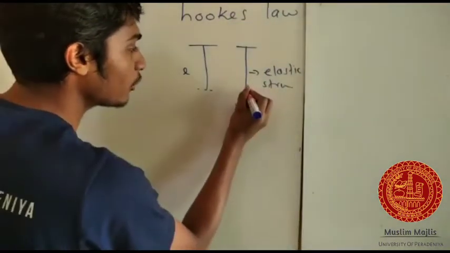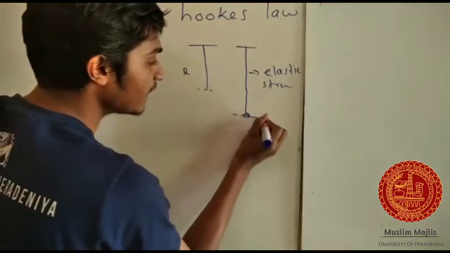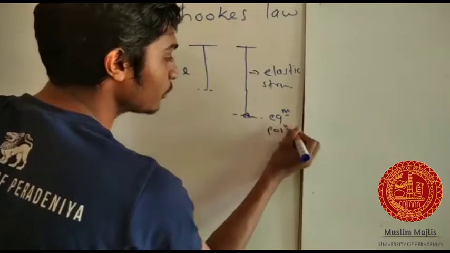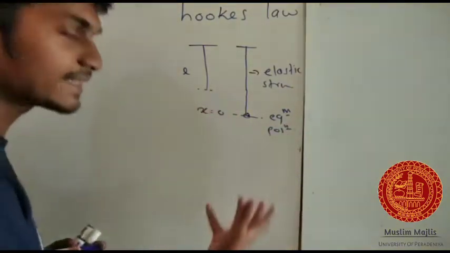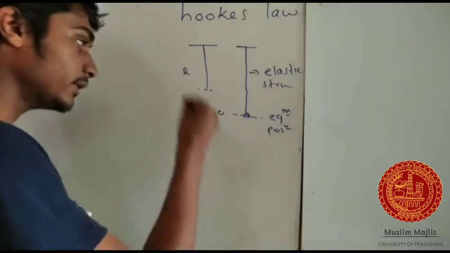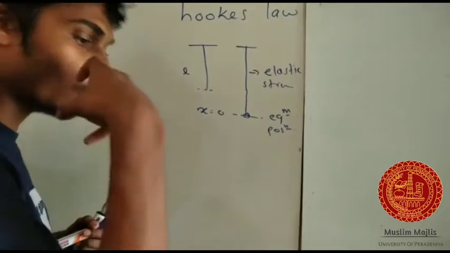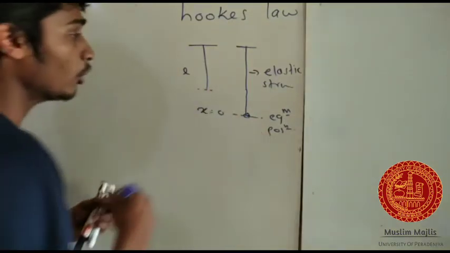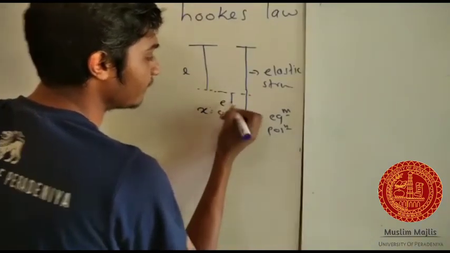From this position, it's going to come to somewhere else here, and this is called the equilibrium position. At the equilibrium position, we say that x is equal to 0. It's not always the case, but most of the time we say x is equal to 0, right? Now, you might have an extension of E when you have the mass.